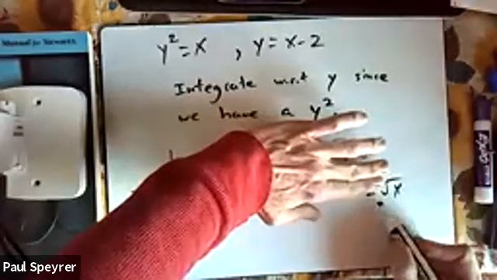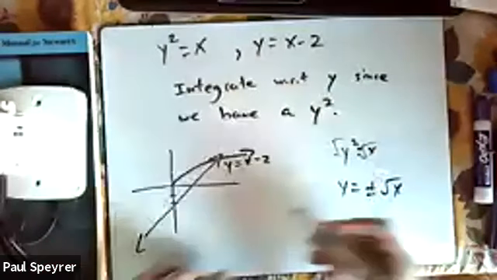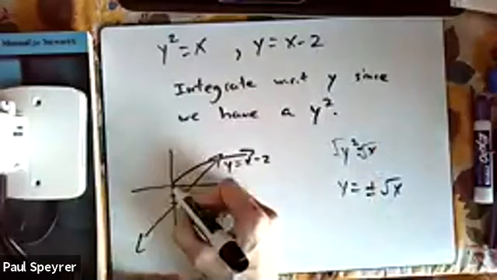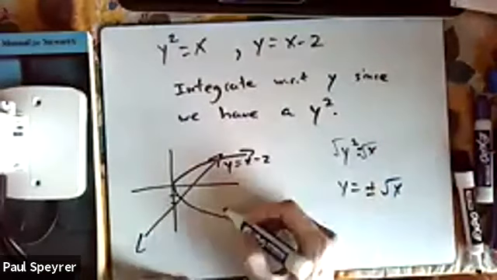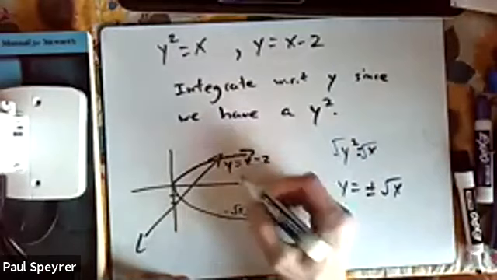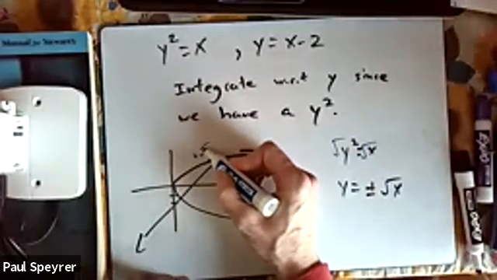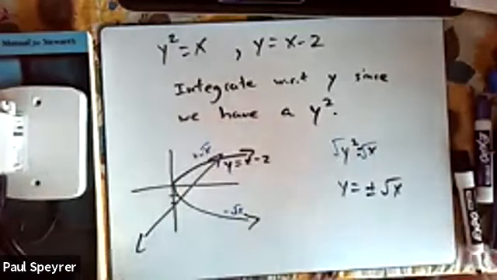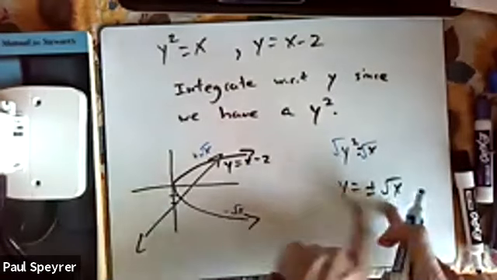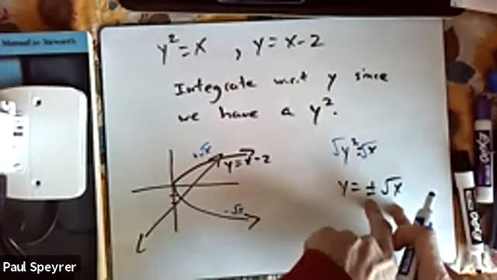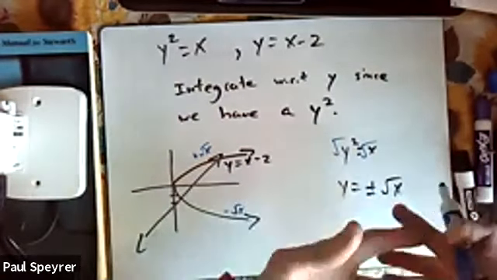A negative out front flips it over the axis, so it does this right here. So this is negative root x, and this is positive root x. That's a trick you use when you need to graph a y squared equation: solve for y, and you're always going to have a plus or minus version.